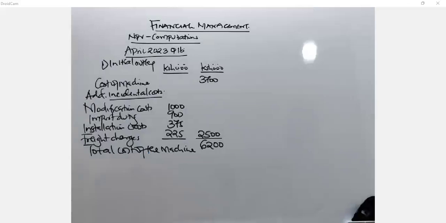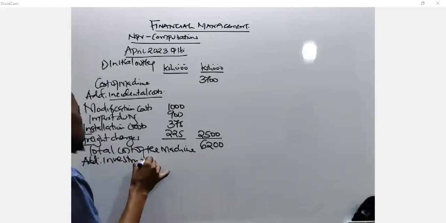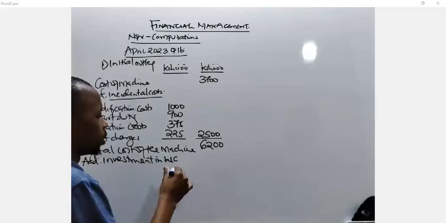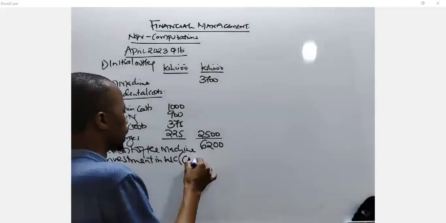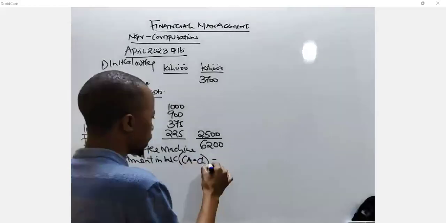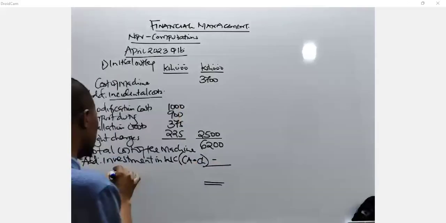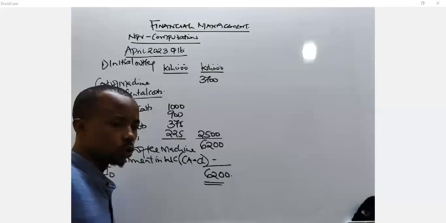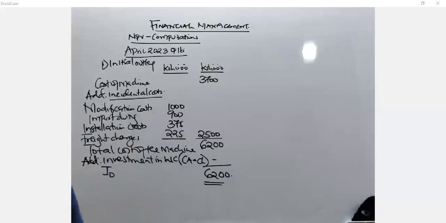We can also add investment in working capital if it is there. If it is not provided, you take current assets minus current liabilities. In our case, it is not there. So our initial outlay is 6,200. Step number 2, we want to compute the annual net cash flows.